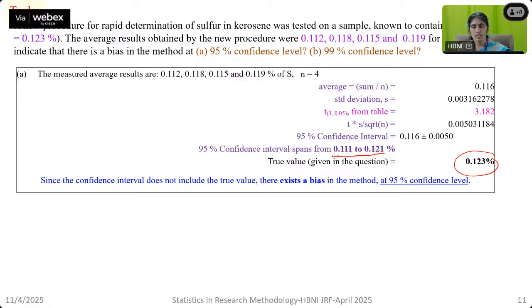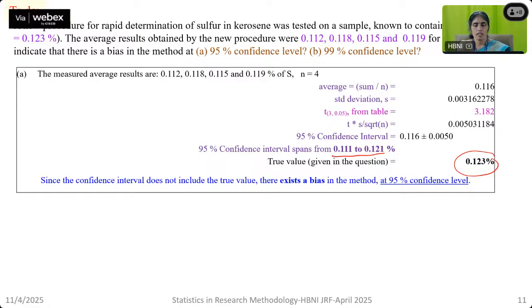Since the confidence interval at 95% does not include the 0.123% sulfur value, there exists a finite bias in the proposed new method if you do the evaluation at 95% confidence level.